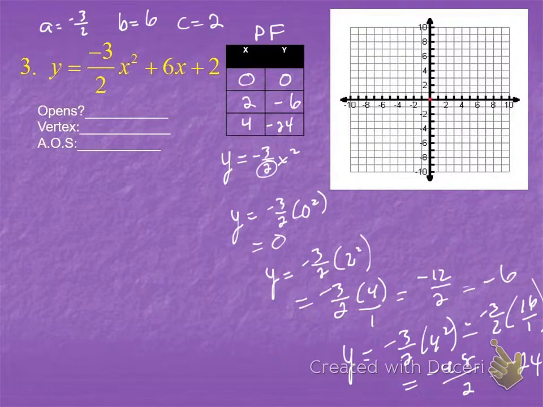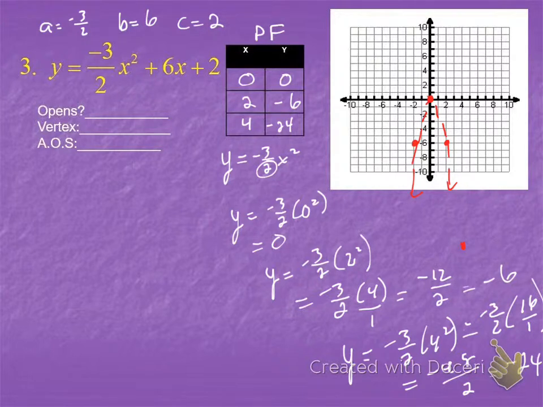It's all right. 0 comma 0 here, 2 comma negative 6 here, 4 comma negative 24 somewhere down like here somewhere. Okay, we don't have to actually use that. We are going to mirror image the one point on here that we do have, and so our parent function looks like that.